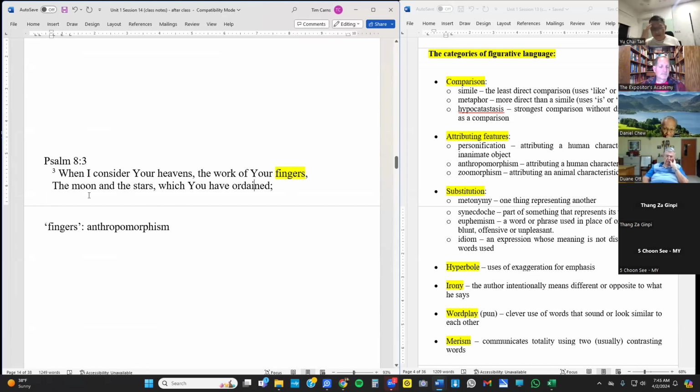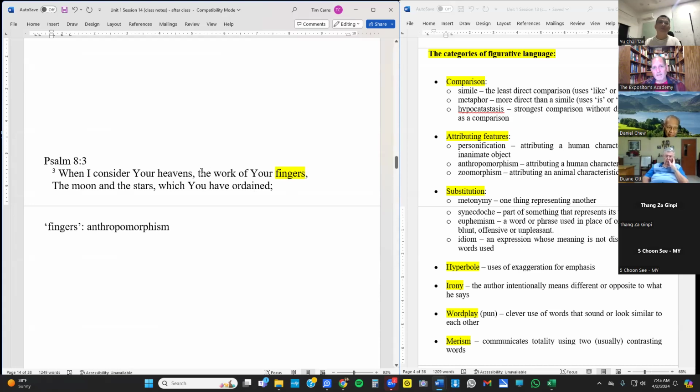The NIV says, "the moon and the stars which you have set in place." So that looks literal. But if you look at the word ordained as in ordination of a priest or minister, then it could be some sort of figurative. So you'd have to look.